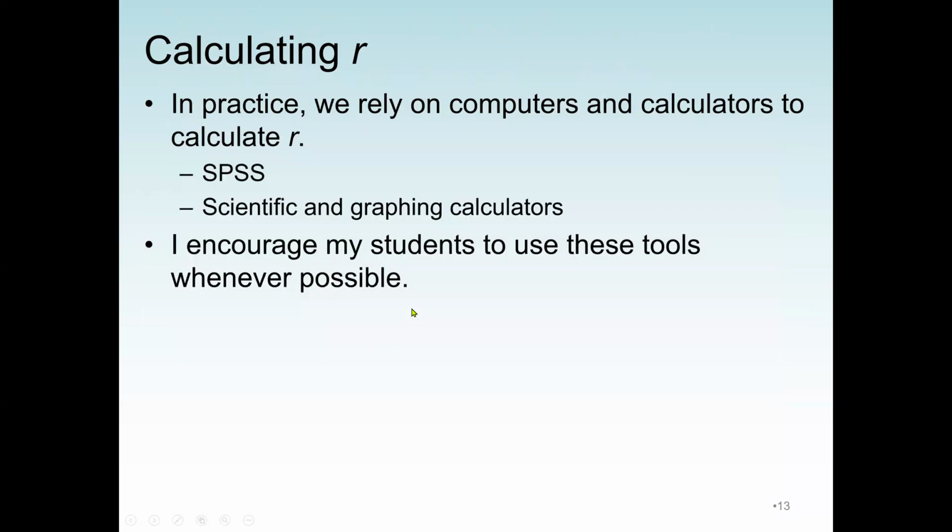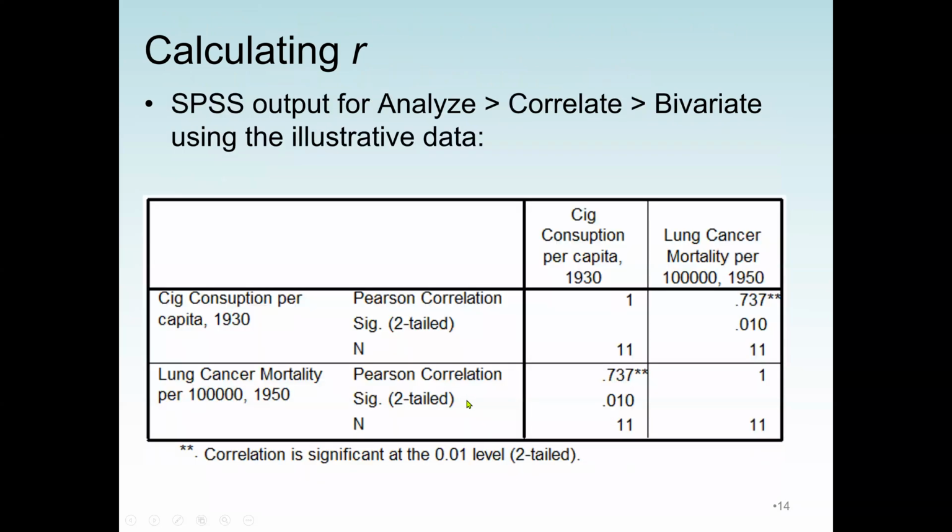So the best way to do this, we can either use SPSS, or the Excel program also works. So here we say we encourage students to use these tools whenever possible. Any computer application, you can also use calculators, some graphing calculators, scientific calculators. So the SPSS, this is our output.